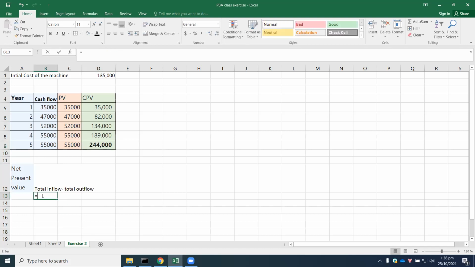Therefore equals $244,000 minus your outflow. Now, in this particular exercise, we are only given the initial cost, which means there's no other cost associated with it apart from the initial cost. So minus 135,000 gives you a total net present value of $109,000.